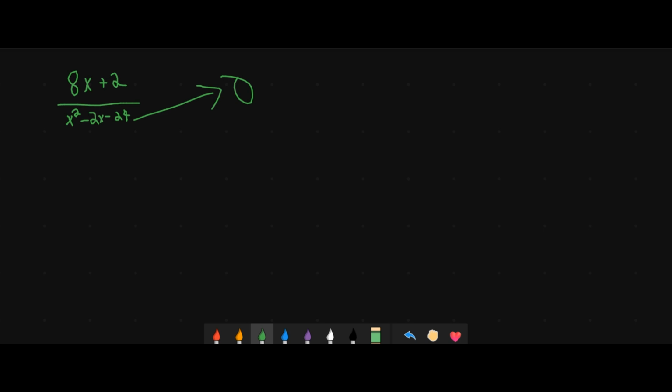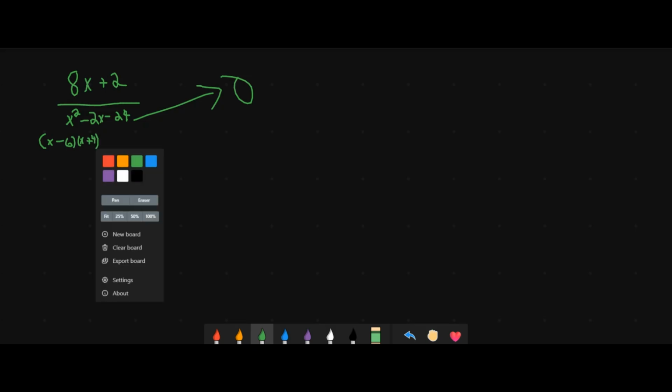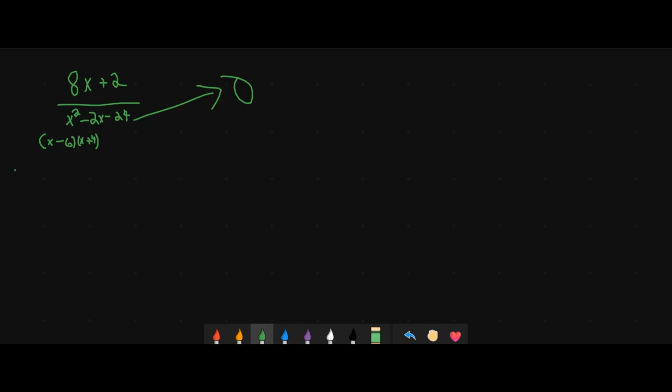So we see here that we first have to solve the quadratic. We start off with an x. To get this, we would just do x minus 6, x plus 4. It's really simple, basic stuff. x minus 6, x plus 4. Now we just take these out.